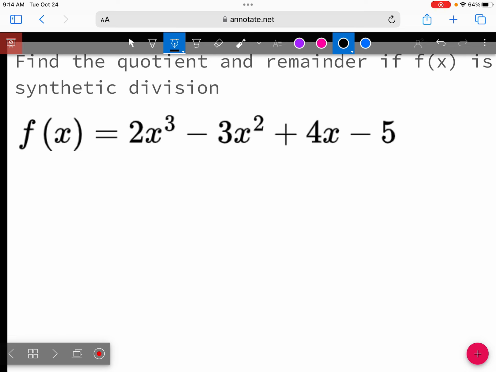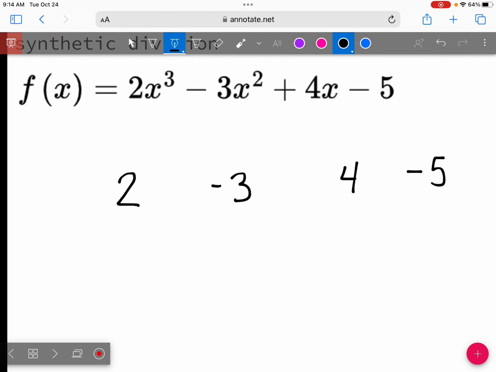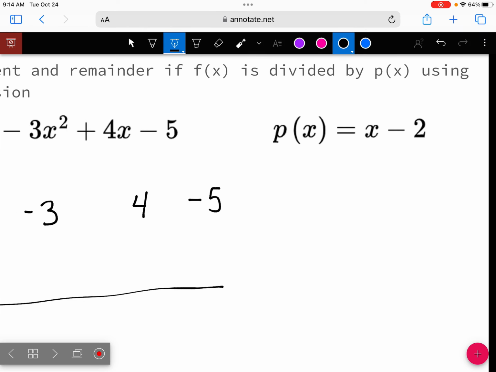So what we're going to do is set up our synthetic division. We're going to take all our coefficients: 2, minus 3, 4, and minus 5. What is our root for our p of x? 2.